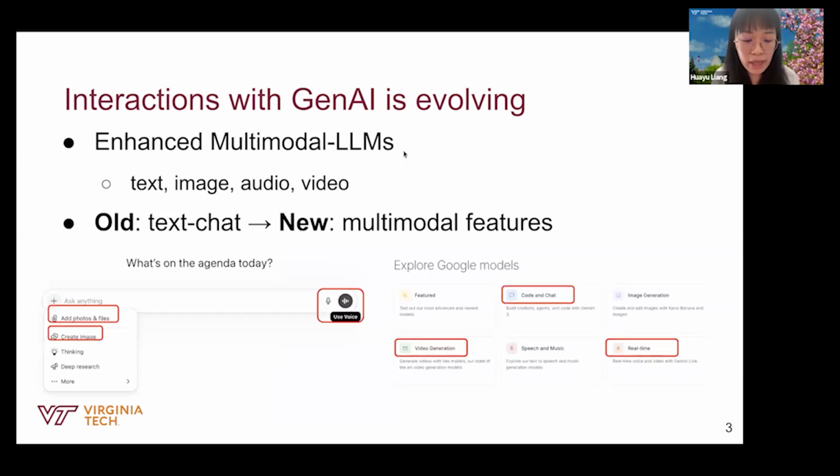But nowadays, these platforms support many features, such as uploading files, generating images or videos by describing them in text, communicating via voice input, coding using the agent mode, or even supporting real-time live streams with screen sharing. Essentially, communicating with these AI tools is becoming much more immersive, with richer and more intuitive interactions.